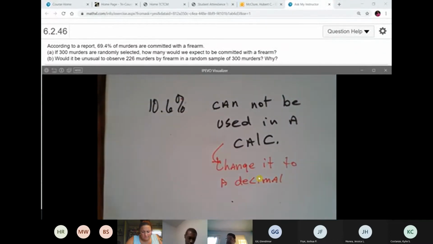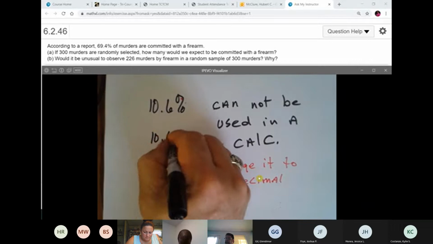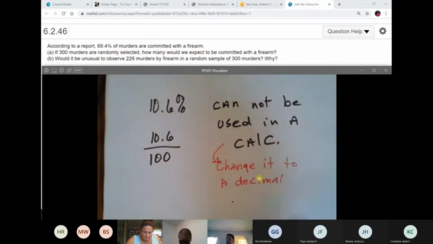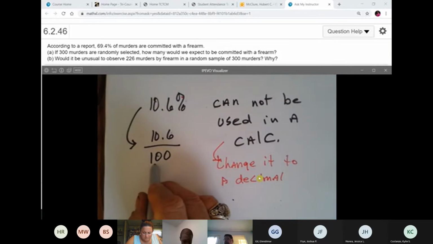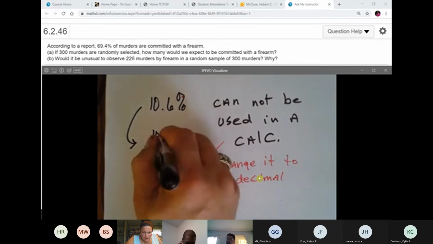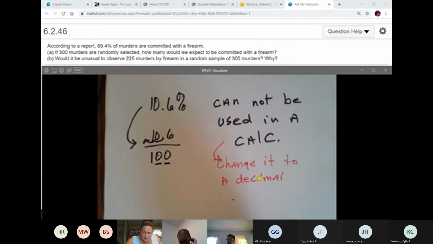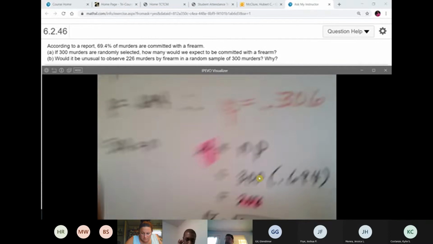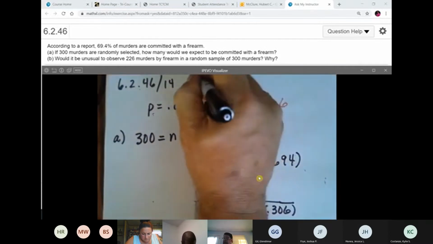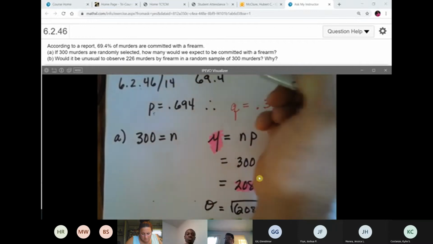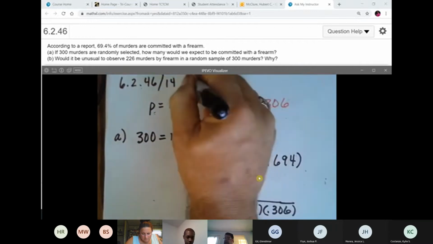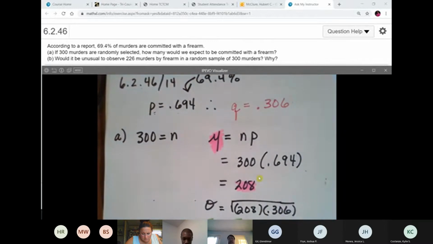So 10.6 divided by 100, that means that right there. And when you divide by 100 or 1,000, you count the zeros and you move the decimal 2 places to the left. So 10.6% comes out to be 0.106. So we were given 69.4%. That is worthless to us. So we change it to what? 0.694.